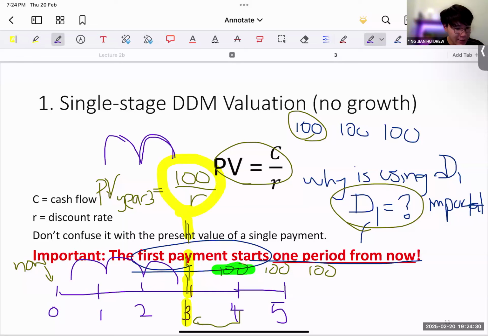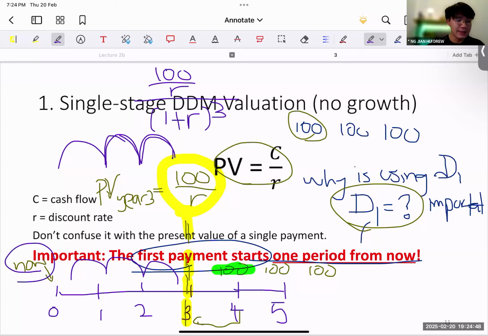So this value 100 divided by R will have to be divided by 1 plus R to the power of 3. So you have to bring it back to the period now. Everyone understand this point?